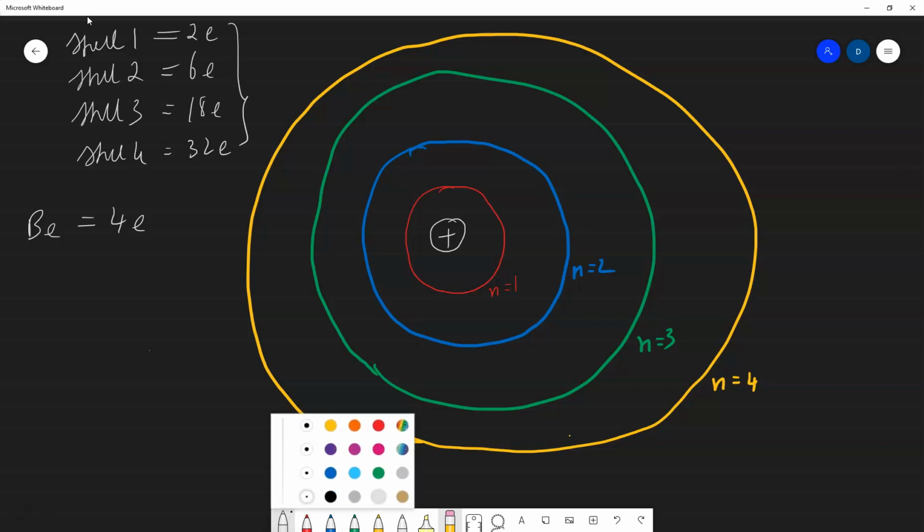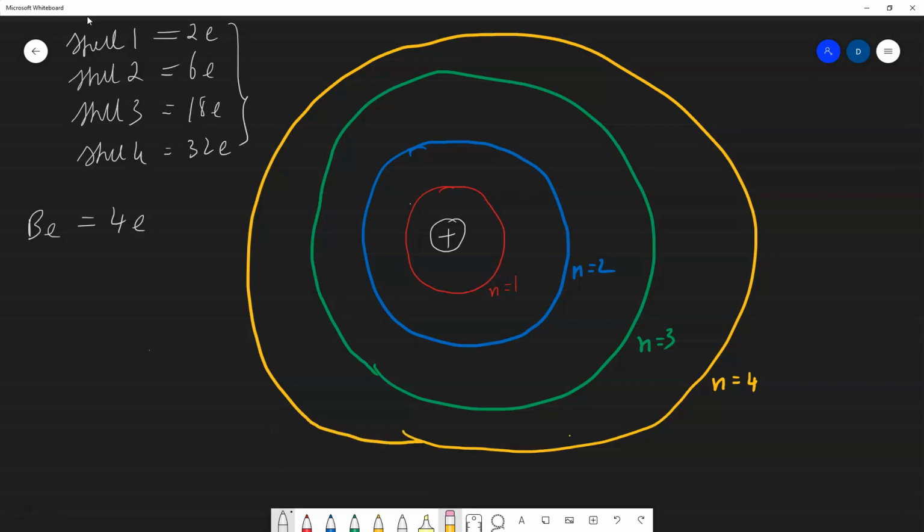Out of these 4 electrons, 2 will be in the first shell, and the remaining 2 will be in the second shell. Now I'm going to undo this so you can try the next element. Next is boron. Boron has got 5 electrons.